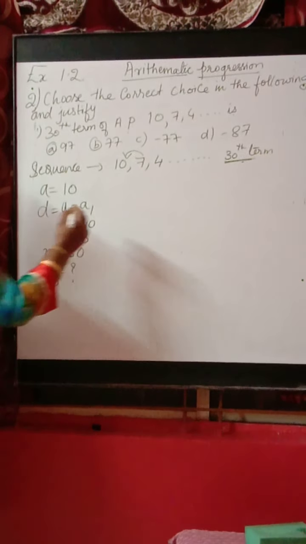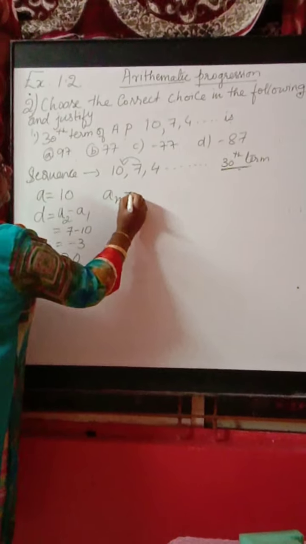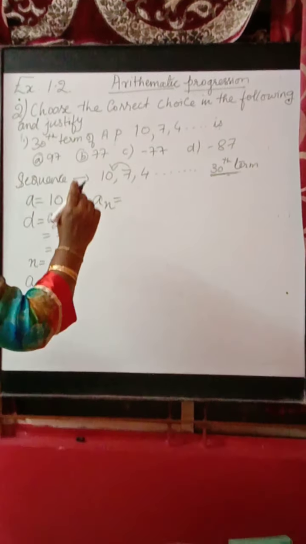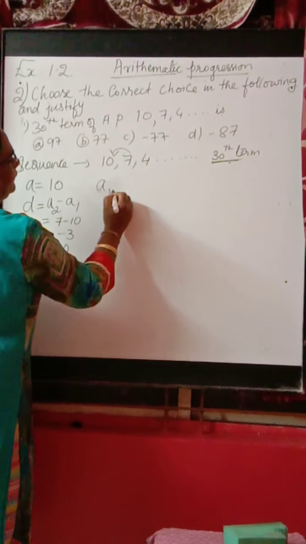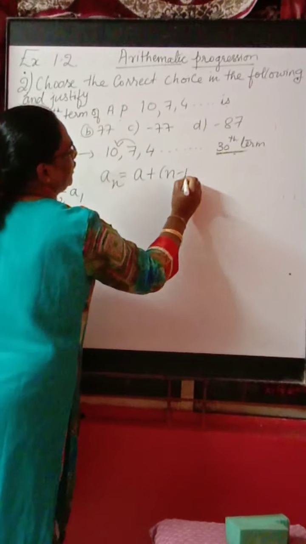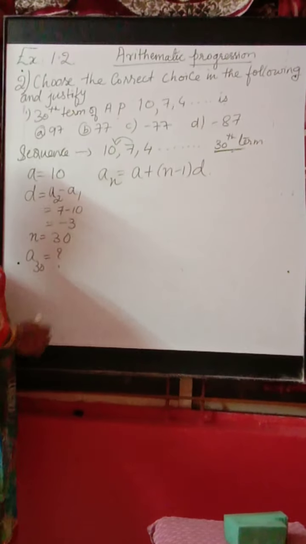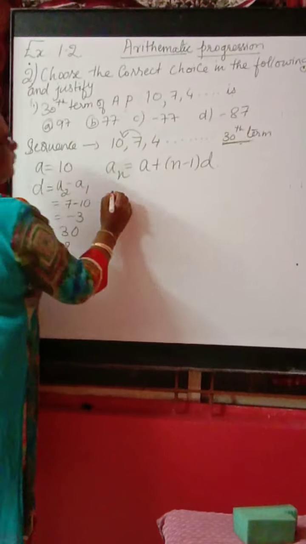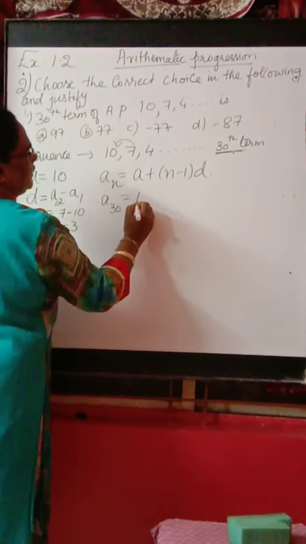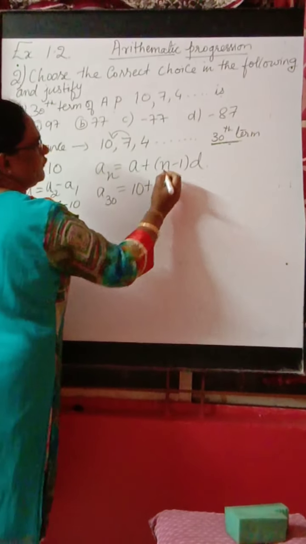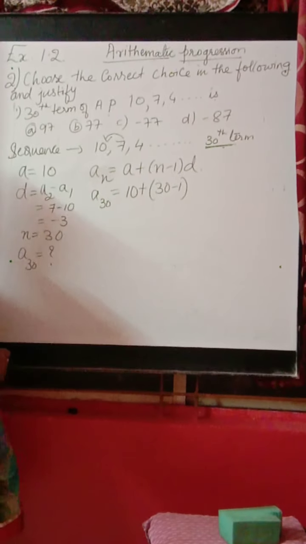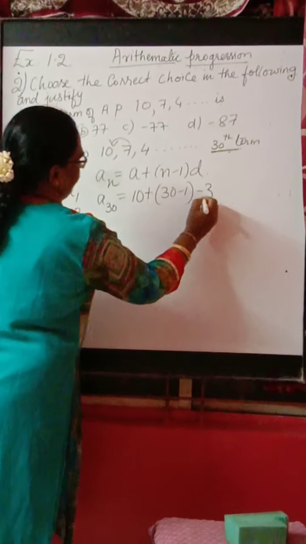Put the same formula. An is equal to A plus n minus 1 into D. So the 30th term you have to find out is equal to A, which is 10, plus the number of terms, you have 30 terms in this series, and then the value of D is minus 3.